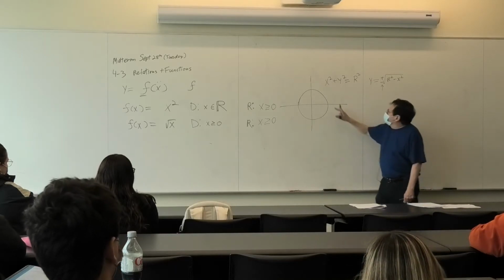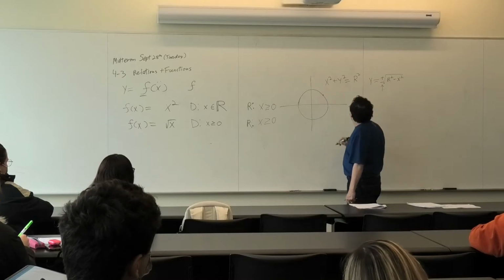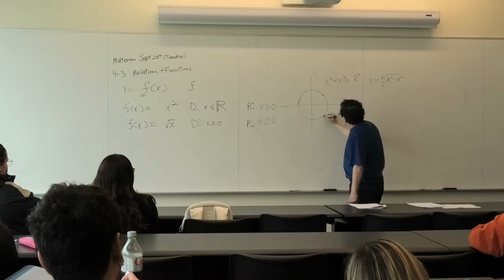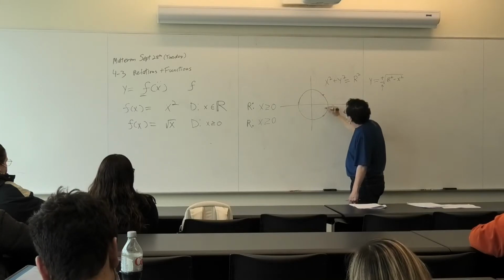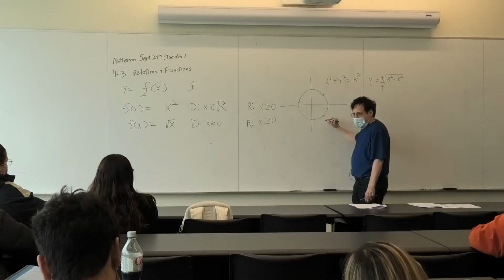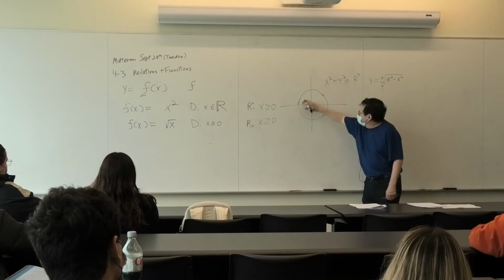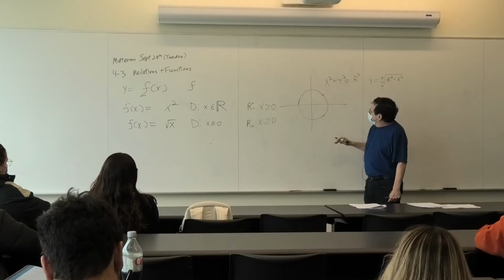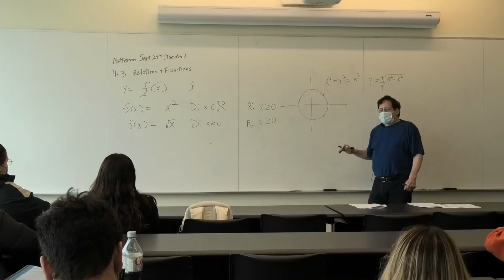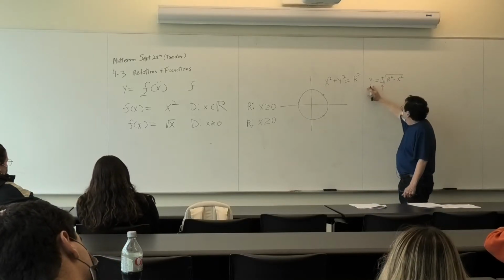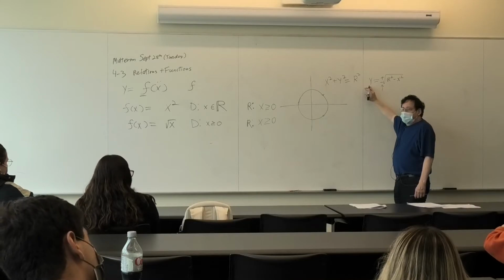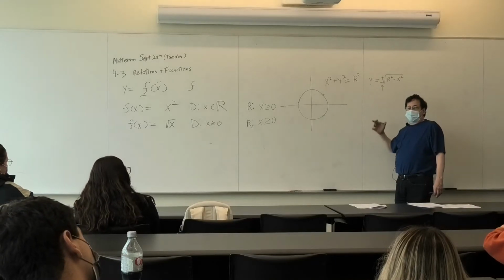I mean, I could get a point here, and I could get a point down here. Whenever I have a point here, I have a point here. If I have a positive, the negative will also be on this curve. So that means for each x, there could be 2 y's, which means it's not a function.